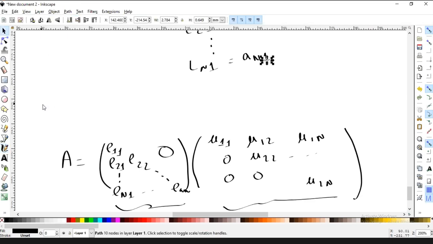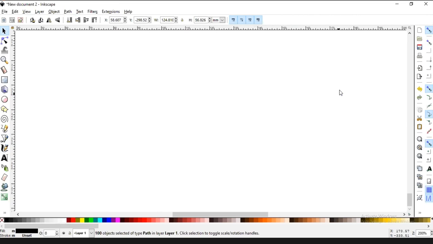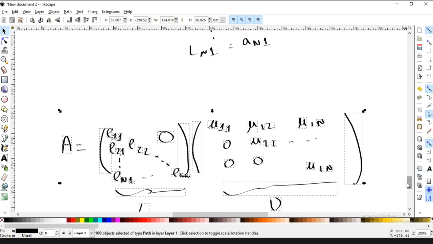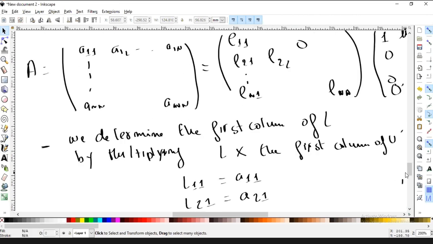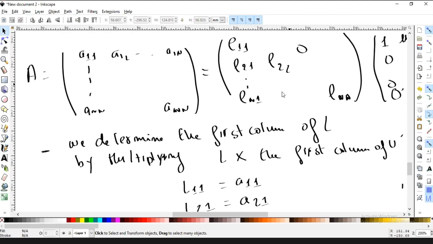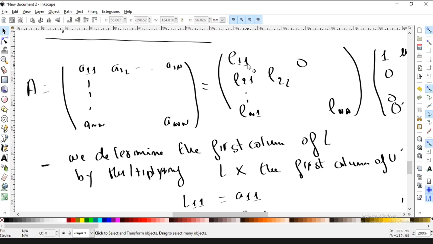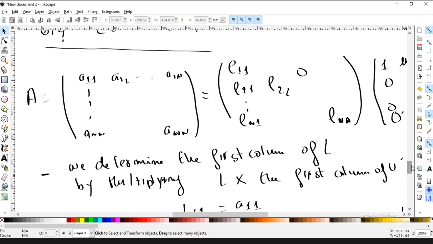This is important when you want to write a program to determine the matrices L and U: use this method systematically. So first the first column of L, then the first line of U.